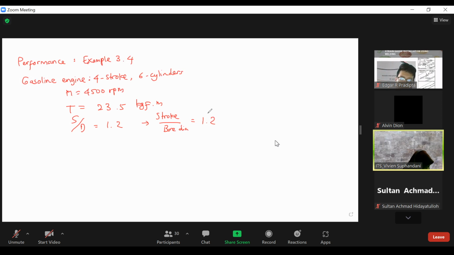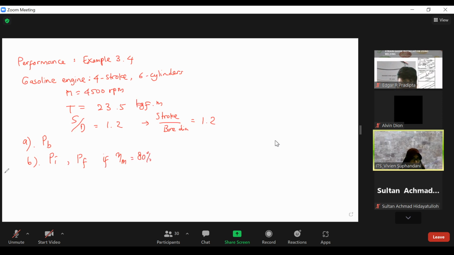Now the question. A: find the effective motor power, which will be the brake power. B: we want to find the indicated power and the friction power, if the mechanical efficiency is 80%.